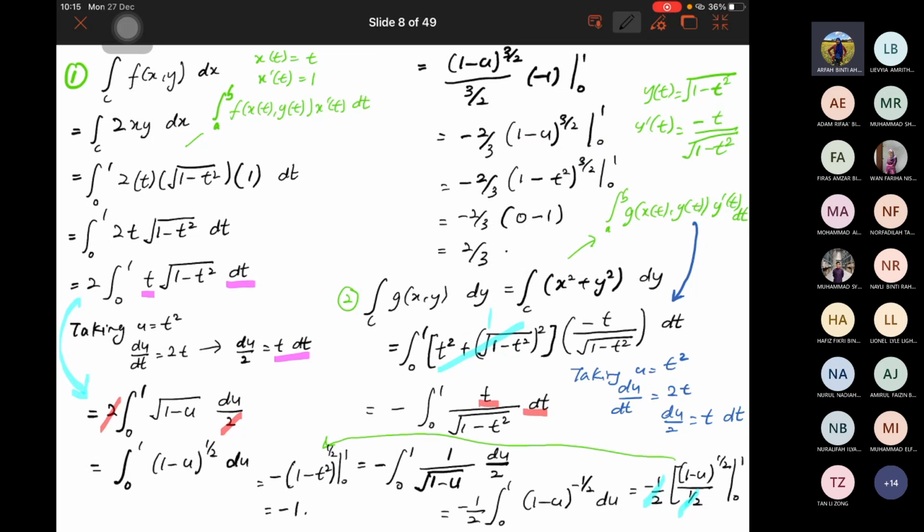Negatif 1. So dapat 2 per 3 tolak 1. Dapat jawapan akhir akan sama dengan negatif 1 per 3.